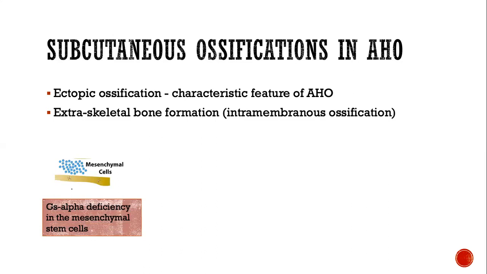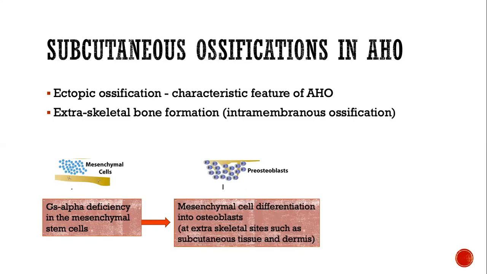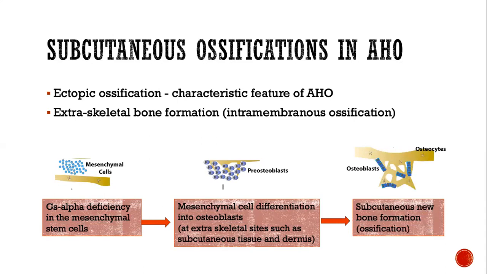So this is a result of stimulatory G protein alpha deficiency in the mesenchymal stem cells, leading to their differentiation into osteoblasts at extraskeletal sites such as subcutaneous tissue and dermis. So there occurs new bone formation in subcutaneous tissue.